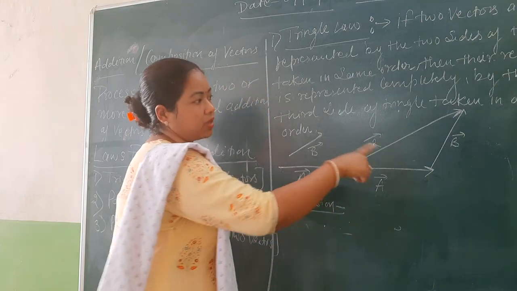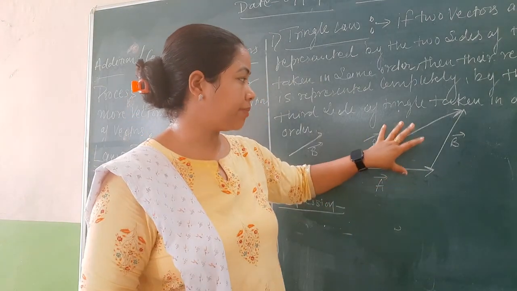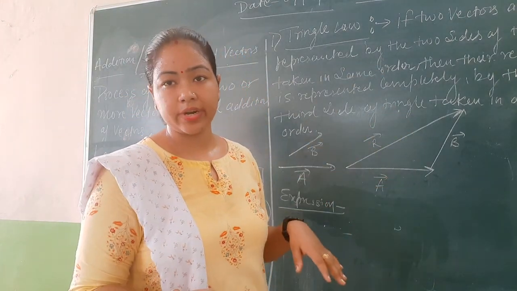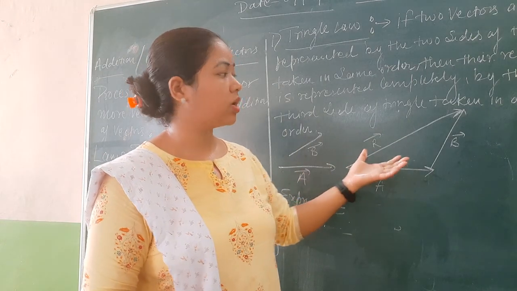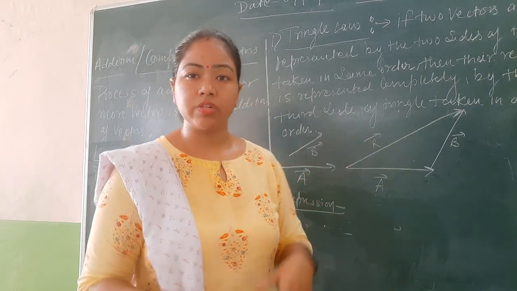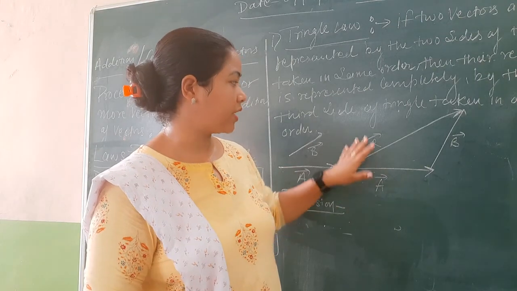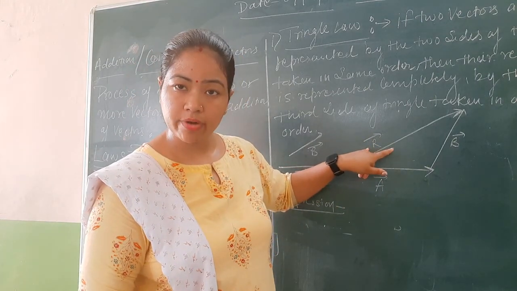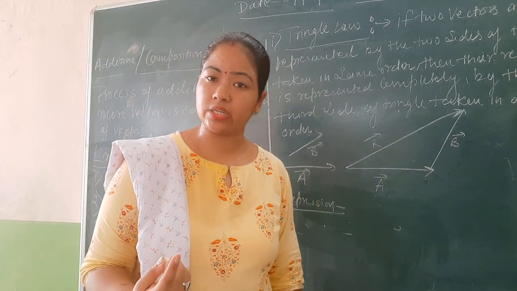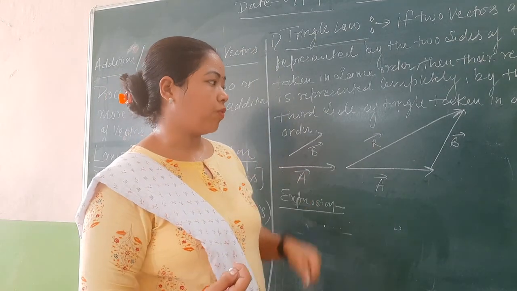This is simply the statement of the triangular law of vector addition, and with the help of the statement we will derive the expression. We will find the magnitude of R and the direction of the resultant vector R, right?